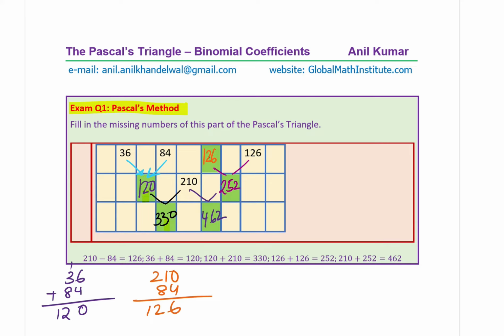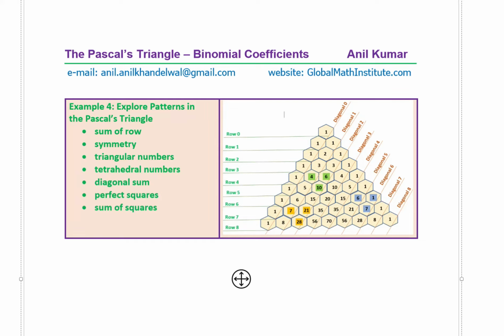Let's take up the next question, which is example 4. Explore patterns in Pascal's triangle. So here is your Pascal's triangle where I've mentioned the rows and the diagonals. I've also marked a few numbers in different colors. So we have 4, 6, and 10, for example.